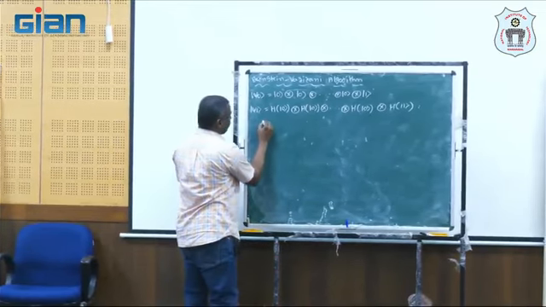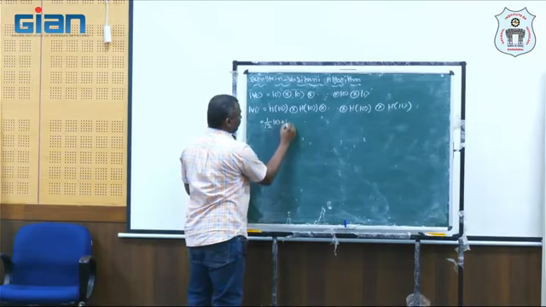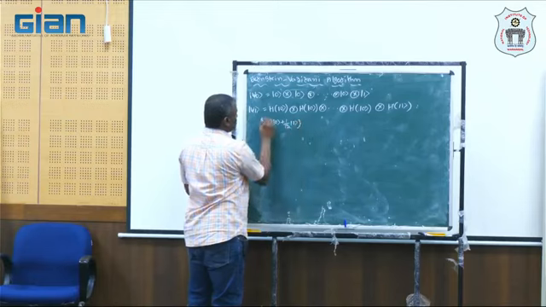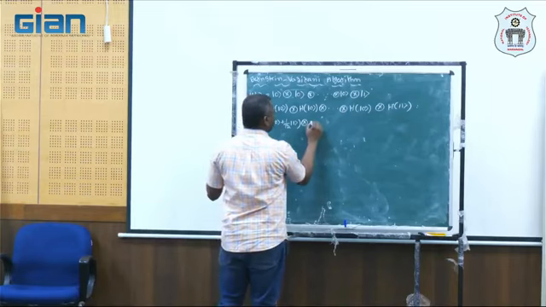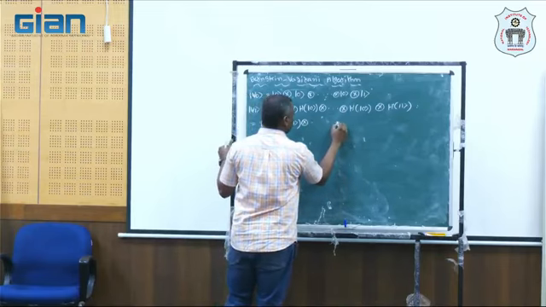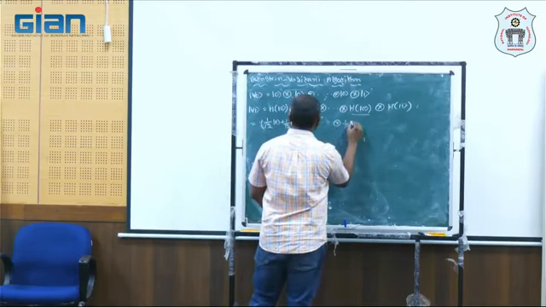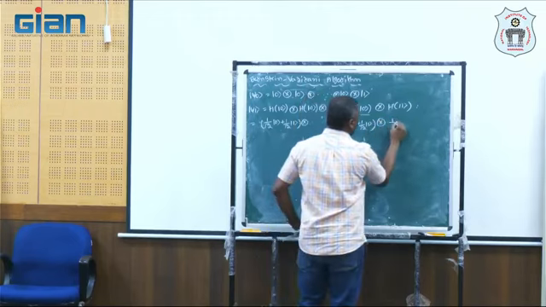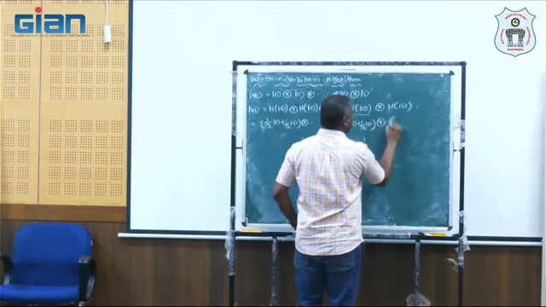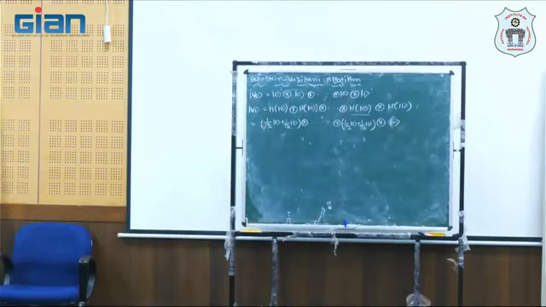So this is 1 by root 2 ket 0 plus 1 by root 2 ket 1 tensor with 1 by root 2 ket 0 plus 1 by root 2 ket 1, and this directly I write as minus state. Is that okay?